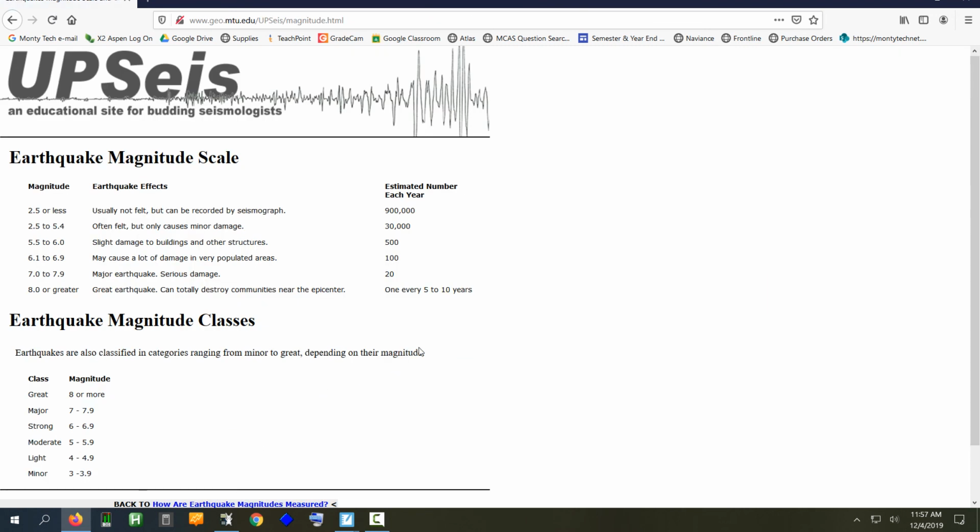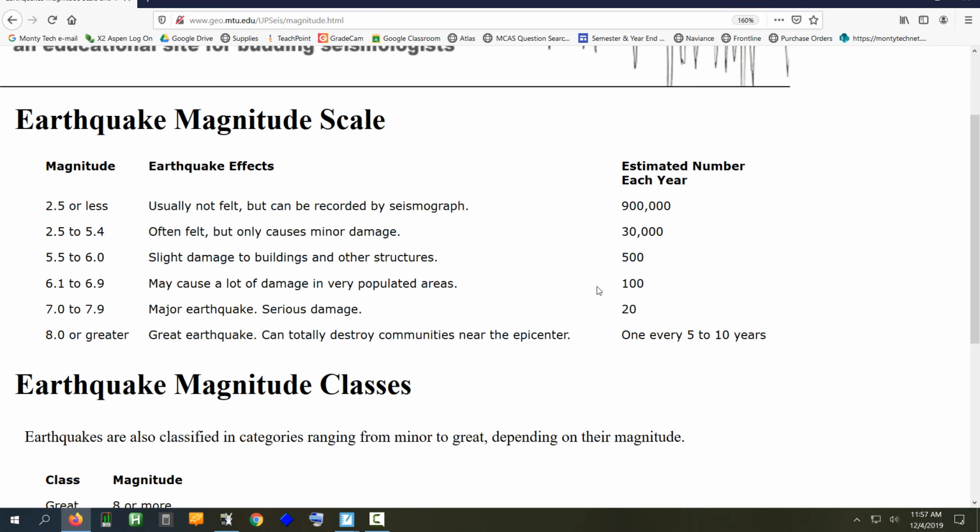So, I don't know if you can do that or not, it's kind of small. But, so it says basically how many of them you get a year and then how severe they are. So a 2.5 magnitude, sometimes you don't even feel that, but a device called a seismograph would pick it up, and there's about 900,000 of those a year. So our magnitude was what? 6.3.